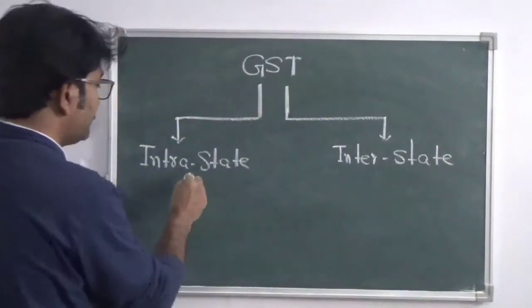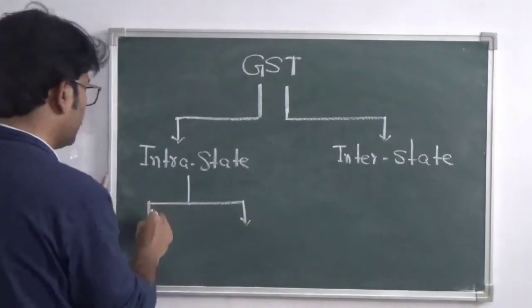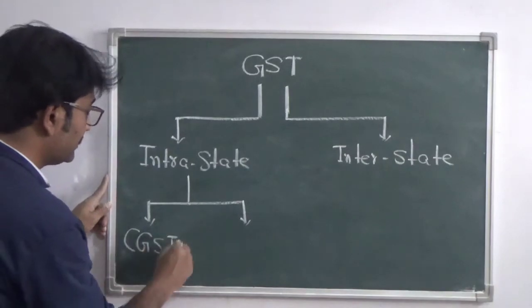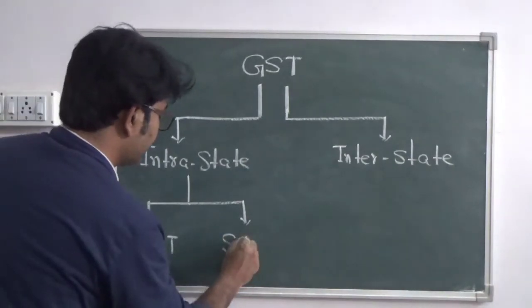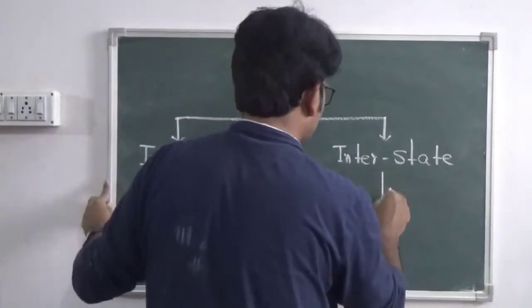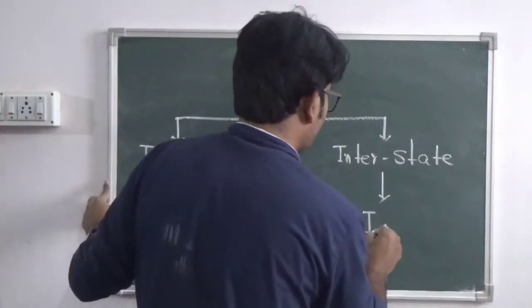So in the case of intrastate, this is divided into CGST and this is SGST. And in the case of interstate, it is only IGST.